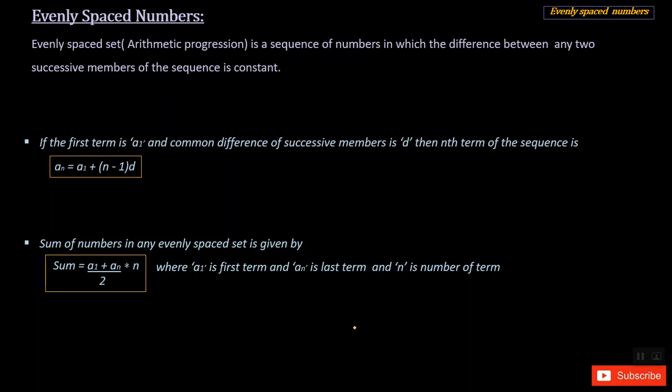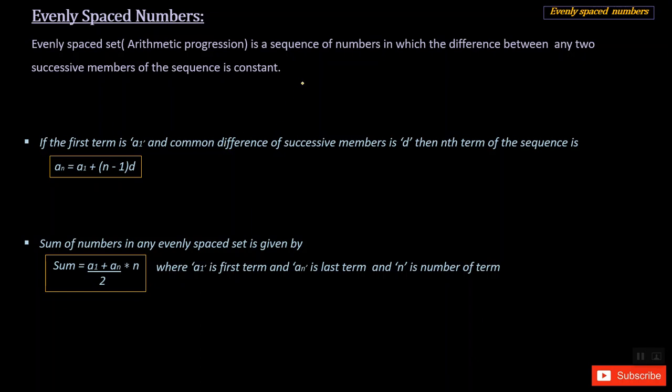An evenly spaced set is also called an arithmetic progression, a sequence of numbers in which the difference between any two successive members is constant. If you take the difference of the higher term with the lower, that difference is fixed for any number you choose in the sequence.